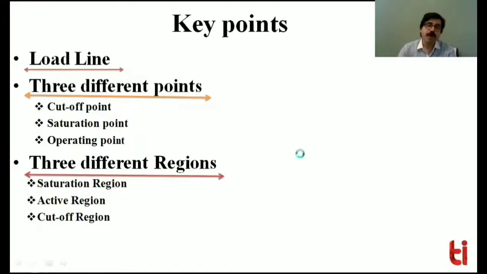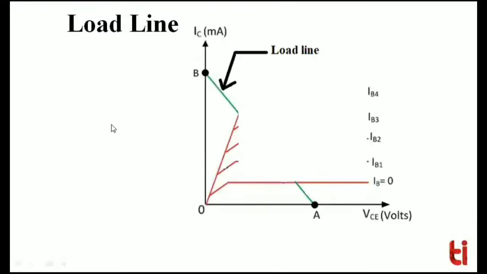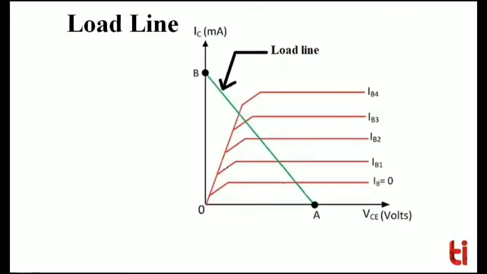Now I'm going to explain my first topic, which is load line. Actually, load line is a graphical method which is used to obtain the appropriate value of operating point. And this load line can easily be drawn by determining the output characteristics when no signal is given to the input.